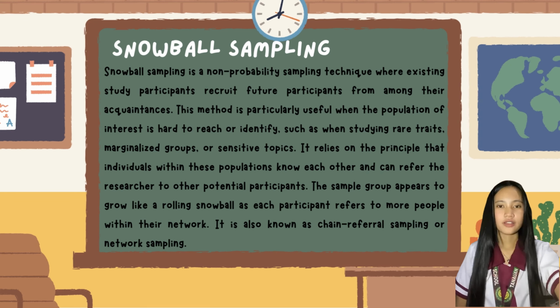It relies on the principle that individuals within this population know each other and can refer the researcher to other potential participants. The sample group appears to grow like a rolling snowball as each participant refers to more people within their network. It is also known as chain referral sampling or network sampling.